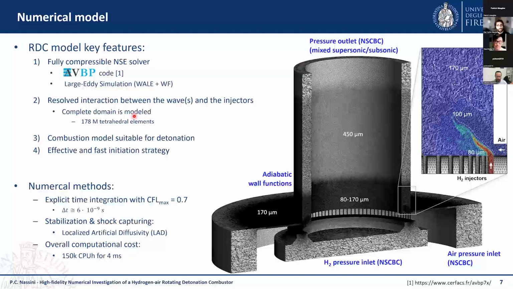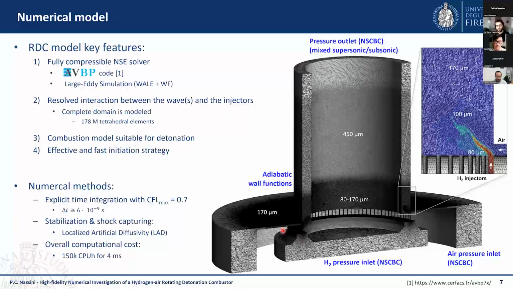Another very key point of our model was the complete inclusion of the injection system. As you can see here in this section of the computational mesh, we decided to include the complete plenum of hydrogen and air, and also, of course, the feeding ducts of the reactants. And this is very critical because, as I was saying at the beginning, the injector's operation is strictly linked to the pressure inside the combustion chamber.